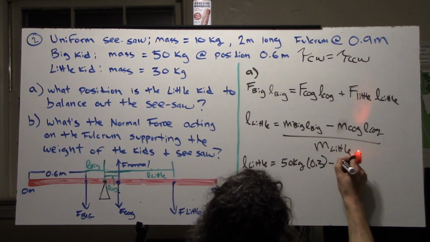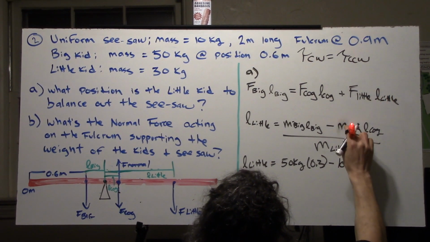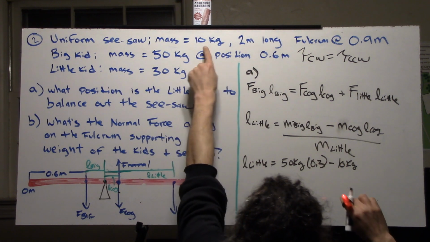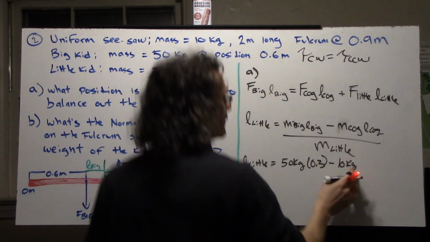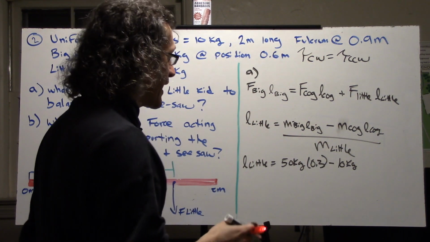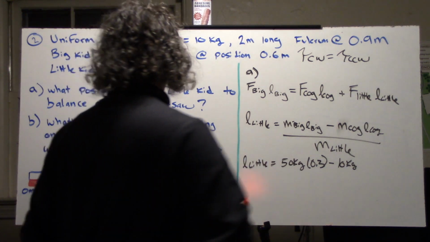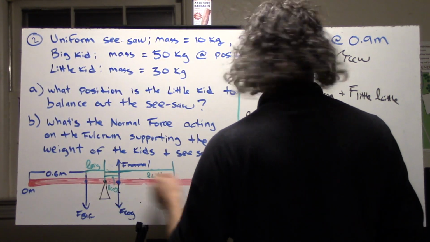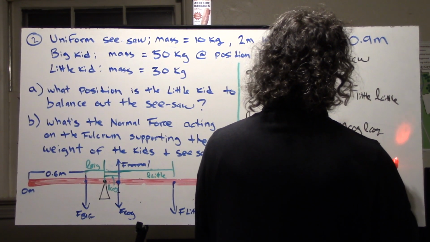minus mass of the center of gravity, which is 10 kilograms. That's the mass of the seesaw. And it's going to be times L COG, and that's just 0.1 meters, like that.